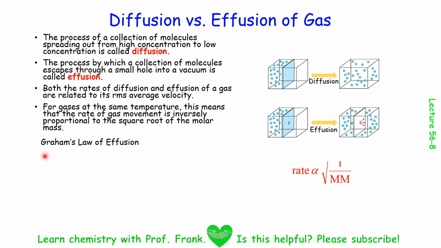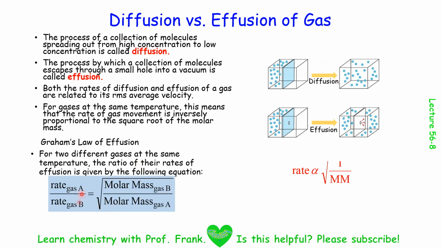This brings up Graham's law of effusion. For two different gases at the same temperature, the ratio of their rates of effusion is given by this equation. You see, the ratio of the rate of gas A over gas B can be calculated using the square root of the molar mass of B over the molar mass of A.